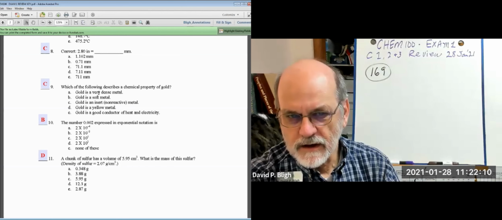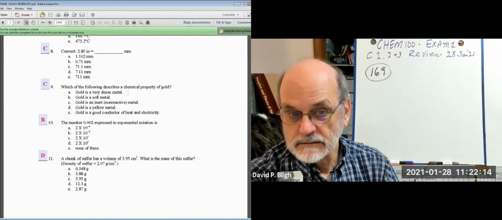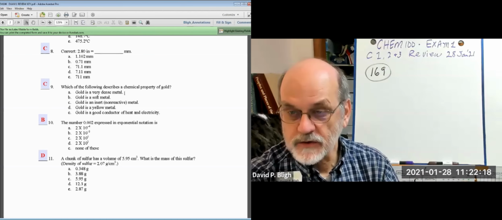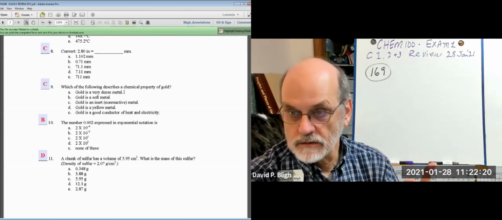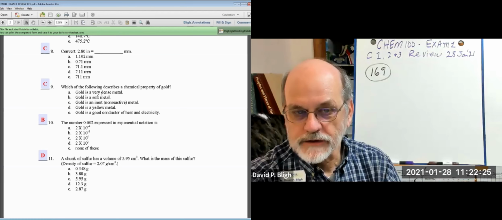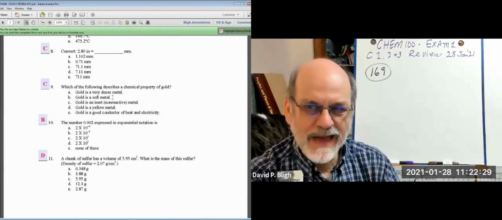So gold is very dense. That's a property, but it has nothing to do with the chemistry of gold. It's a physical property. So A can't be it. Gold is a soft metal. That's a physical description. Gold is malleable.